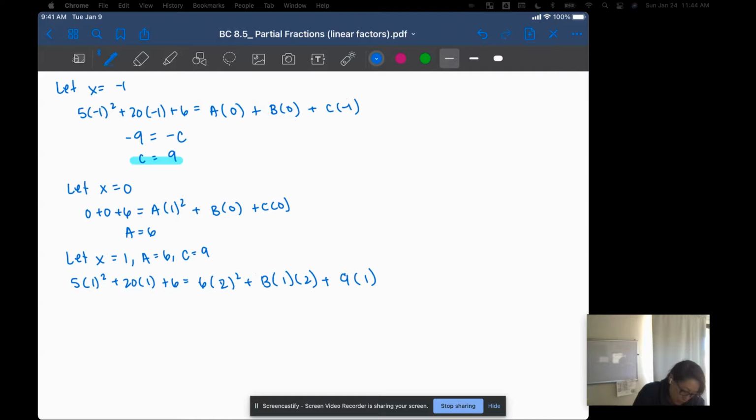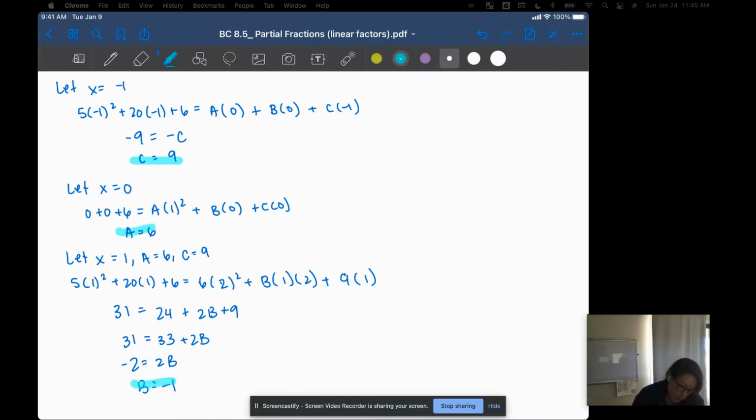So I end up with 31 is equal to 24 plus 2b plus 9. So that's 31 is equal to 33 plus 2b. Subtract 33, giving me -2 is equal to 2b. So b is equal to -1.